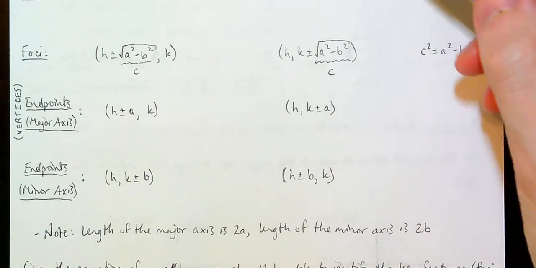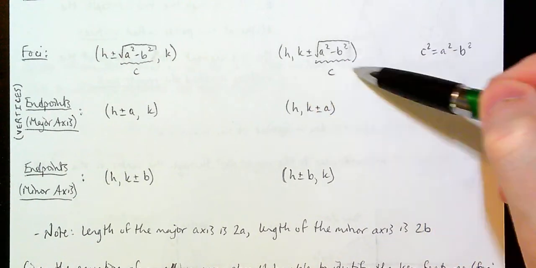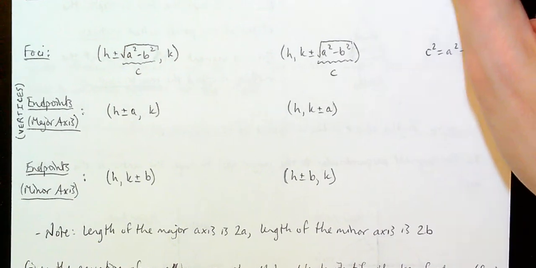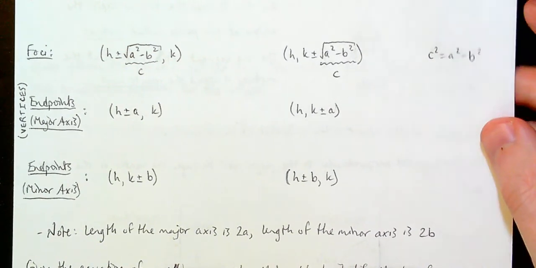The foci. Foci for an ellipse with a vertical major axis are given by this formula right here: h comma k plus or minus the square root of a squared minus b squared.